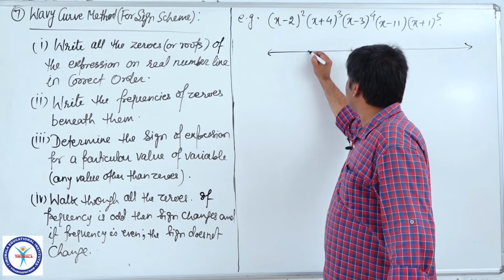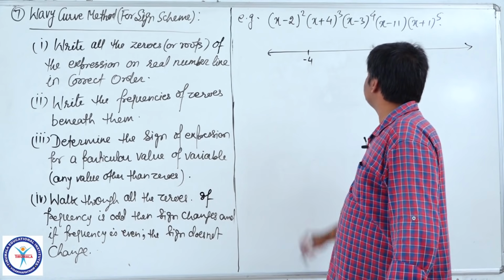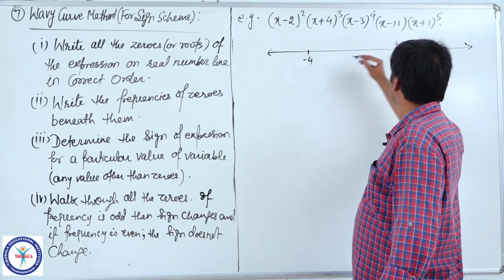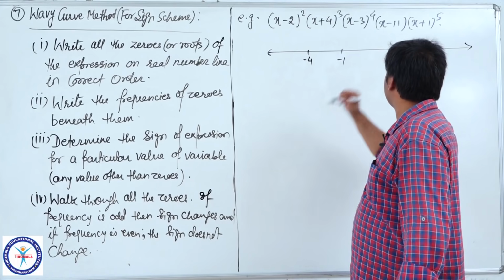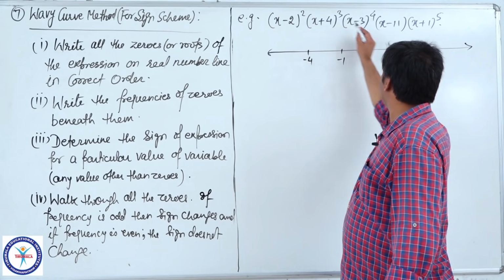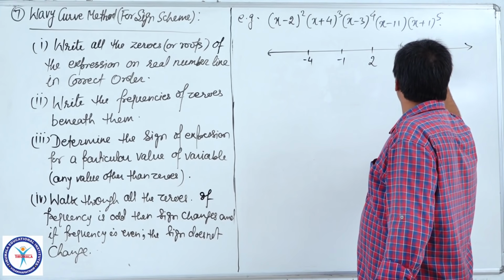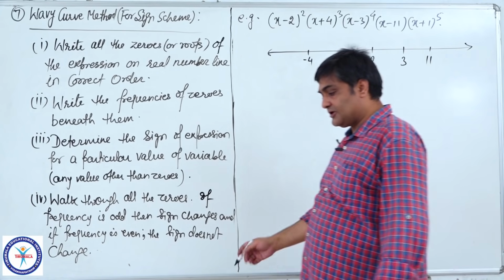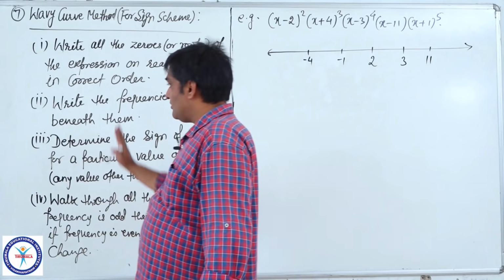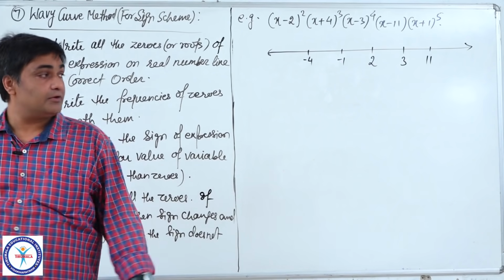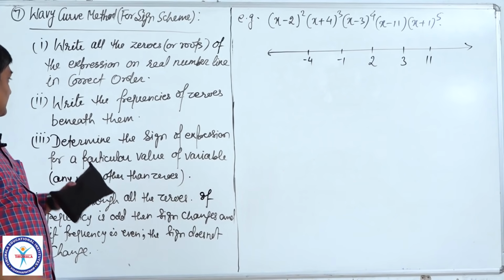It is minus 4, then minus 1, then 2, 3, 11. Okay. First step is complete.